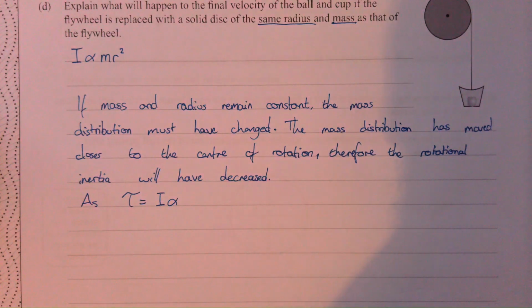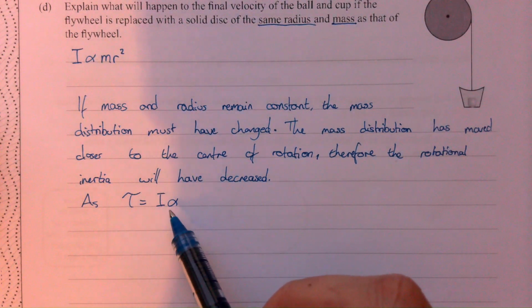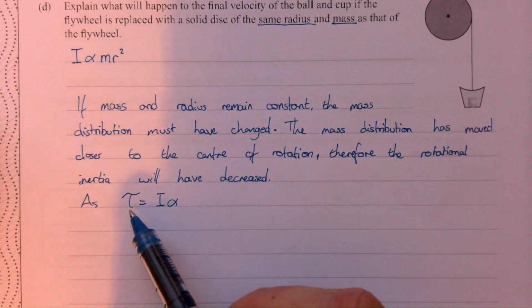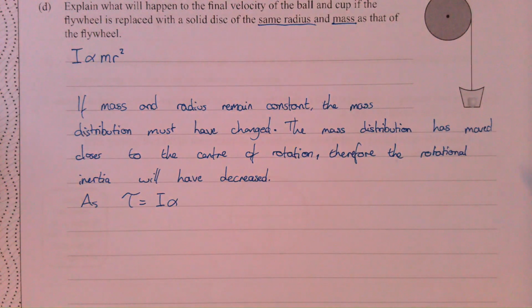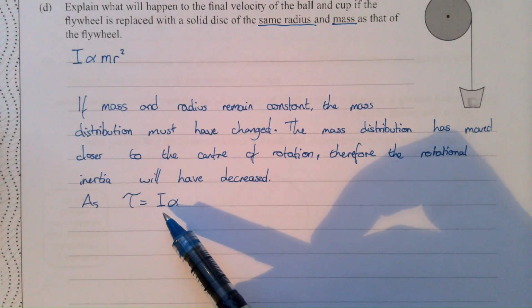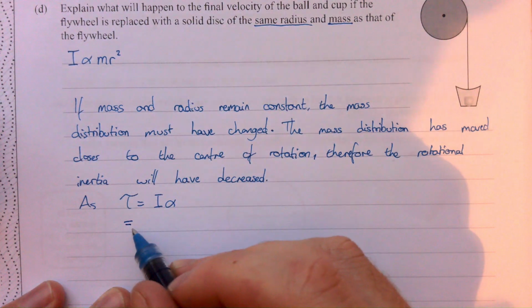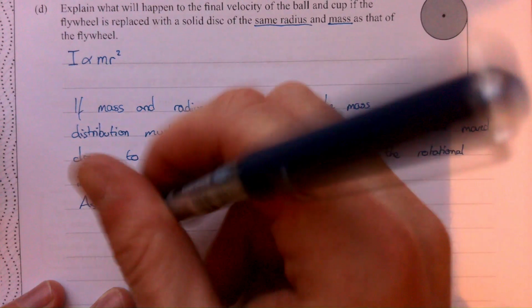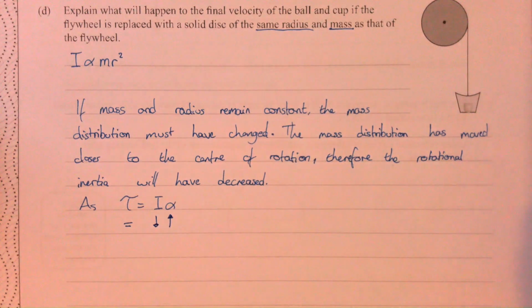If our rotational inertia is decreasing, we therefore have to have an increase in angular acceleration because the size of the torque is unchanged. The torque was provided by the golf ball in the cup, and as the radius is the same, the only thing that must change is the angular acceleration. So if tau is staying the same, and our rotational inertia decreases, then our angular acceleration must increase.